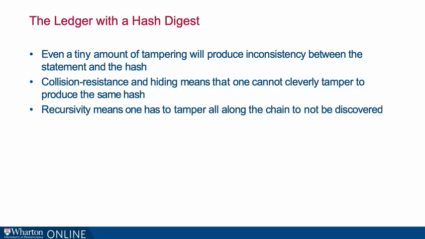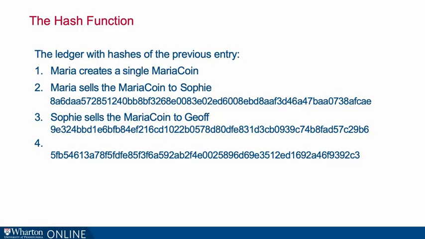And recursivity means that one has to tamper all along the chain to not be discovered. So just to go back here, if any one of these hashes are wrong, all the rest of the hashes will not match. So this makes it extremely difficult to tamper with this type of ledger.